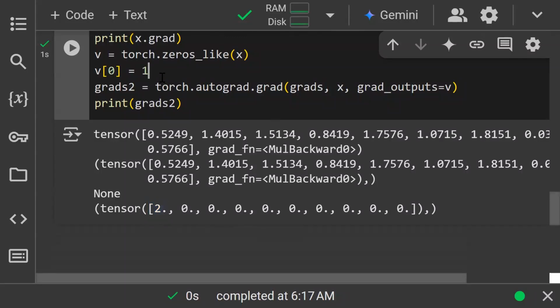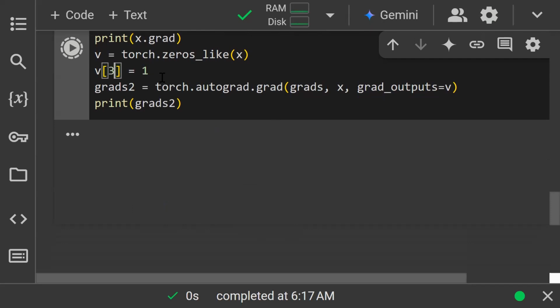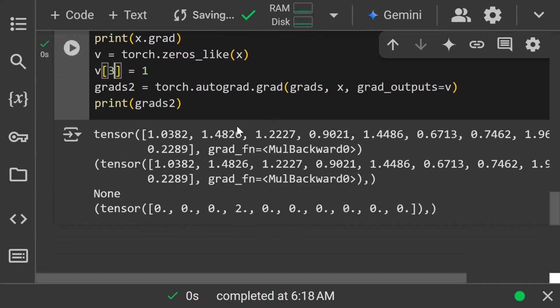If I'm curious about the third row of my Jacobian, I do this, and that gives me the third, or sorry, fourth row of the Jacobian. If you really do need the entire Jacobian, then you repeat this process n times and construct all the n rows. That's really the crux of what's happening.